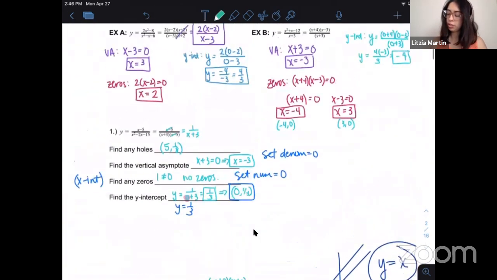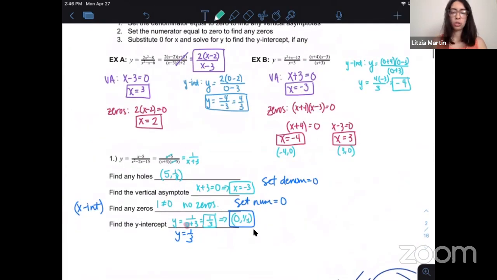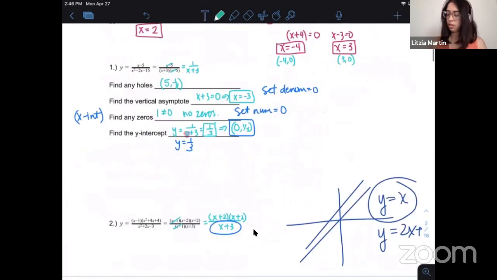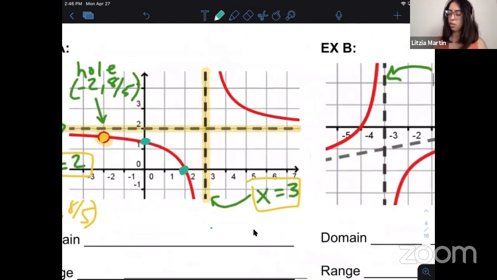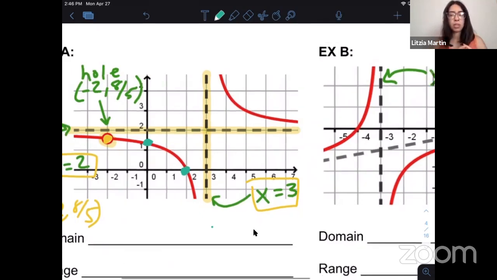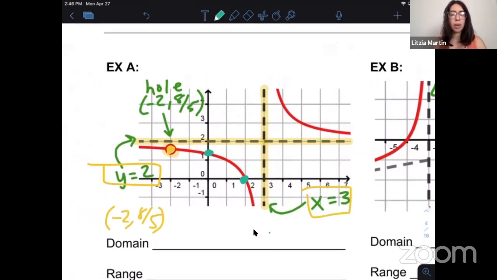The y-intercept was 4/3. So this point here, we know it to be 4/3. Once we plot those points, the y-intercept and the x-intercept, we can use that together with the discontinuities as a framework for our graph.